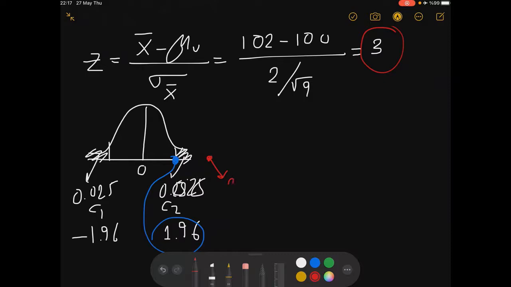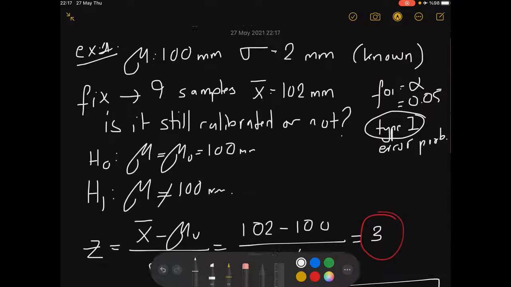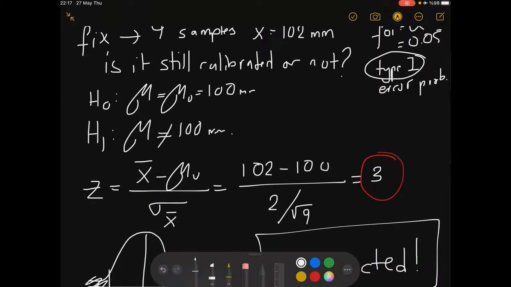This is your 3 point, so it means that it is in the rejection region here, and H0 is rejected. So your answer should be like this: H0 rejected. That's your answer. And the answer to your question is calibration is required. So it's not equal to 100 millimeters anymore, and the calibration is required.